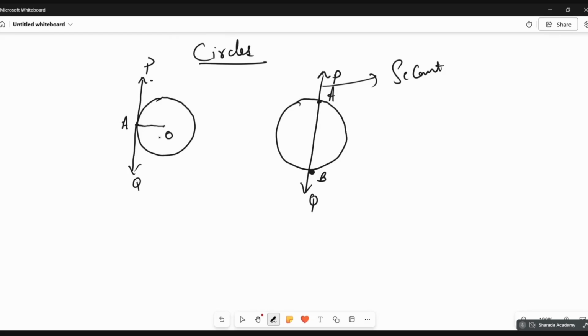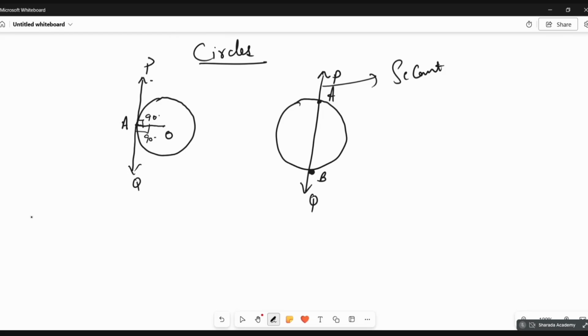In the circle, OA is the radius and PQ is the tangent at point A. So OA and PQ are perpendicular to each other. That means the radius and the tangent will always be perpendicular to each other at the point of contact.